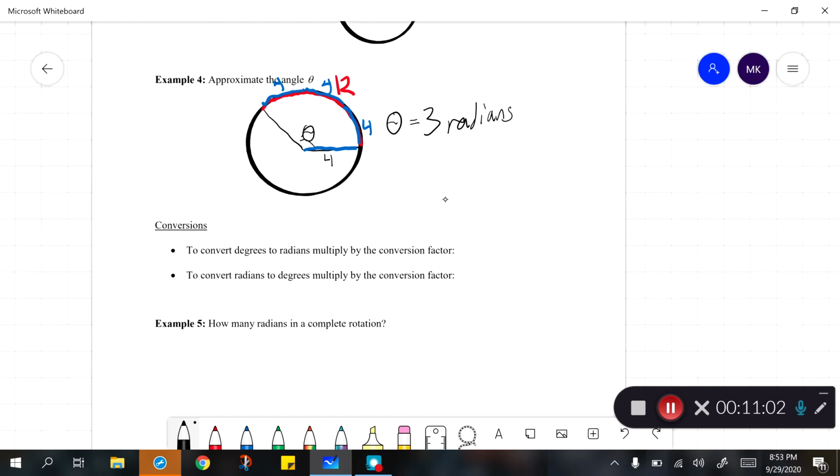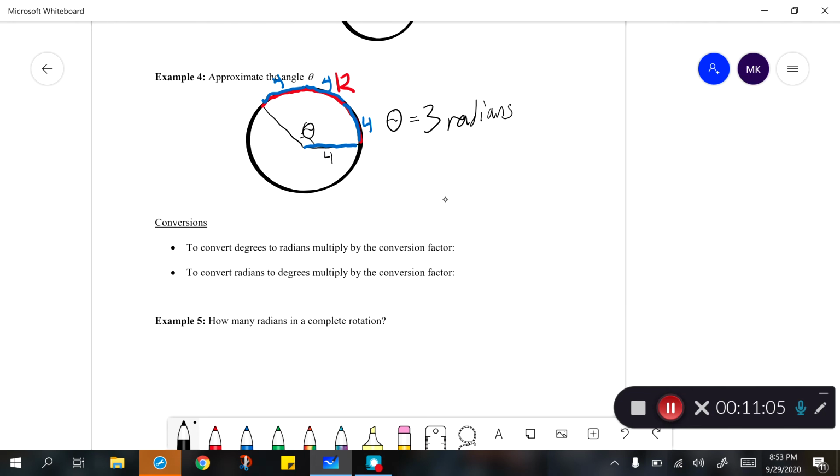Okay. Now think about this. How many degrees are in one full revolution? 360 degrees, right? Perfect. What's the circumference of a circle? For those that don't remember, the circumference is pi d, or 2 pi r.